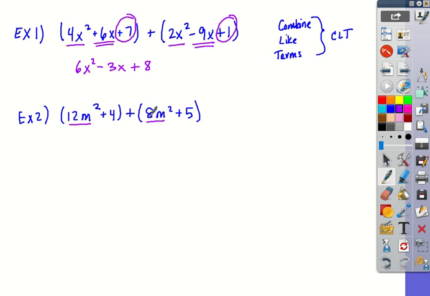So I combine the 12 and the 8 together, give me 20, and keep my like term. They were both m squared, so when I put them together, we still have m squared. I'm going to double underline the constants, so I can combine 4 and 5 together to get 9. So my final solution here is 20m squared plus 9.